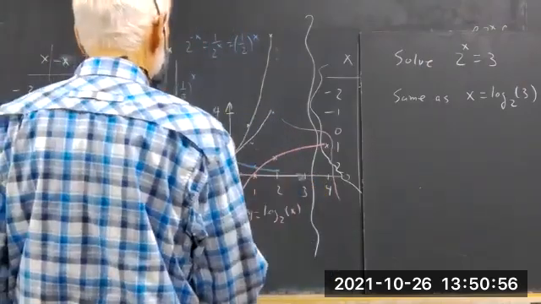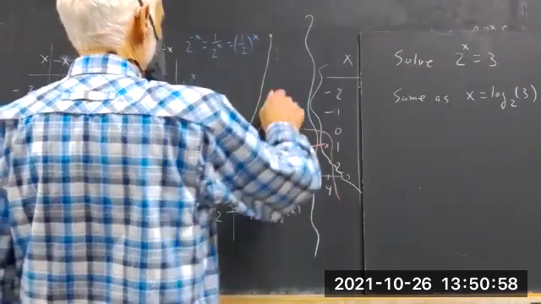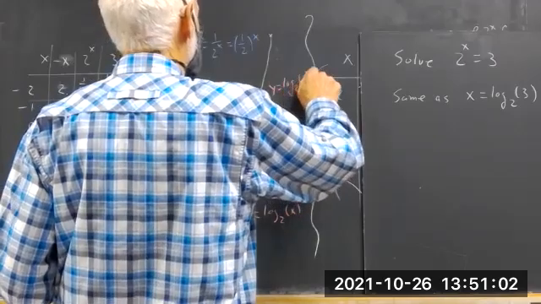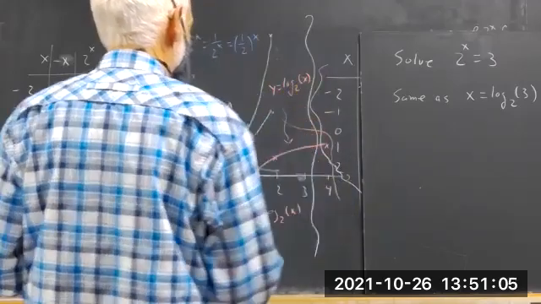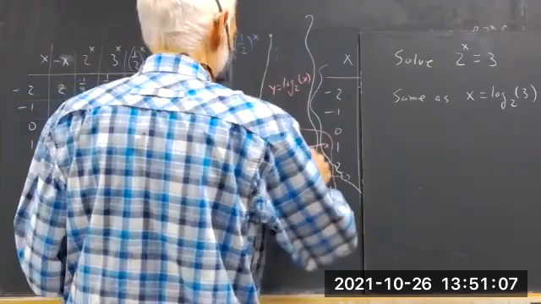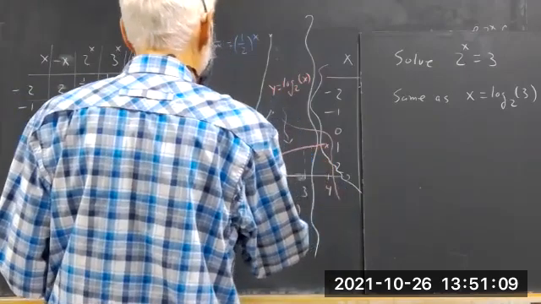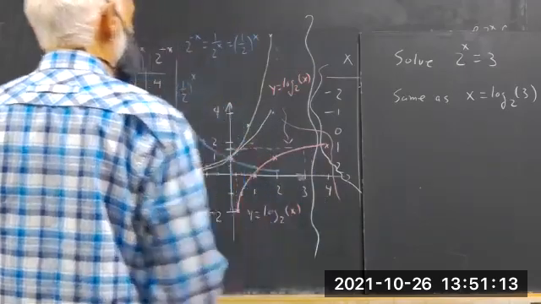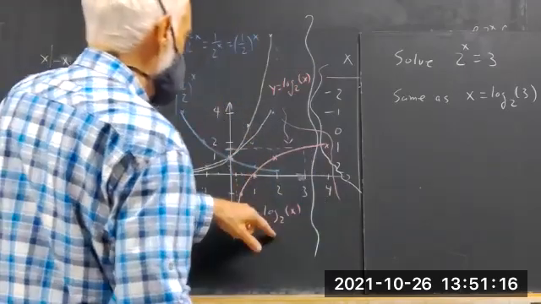Here's the log base 2 graph. So that value that we get here is the log base 2 of 3.